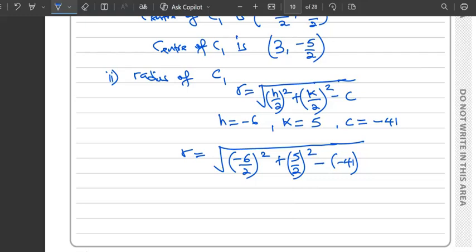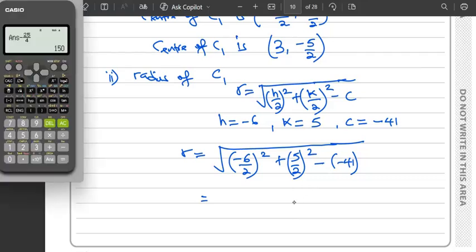Keying the whole of this into the calculator, we have the root of negative 6 over 2 squared plus 5 over 2 squared, and of course this one is going to be plus 41.